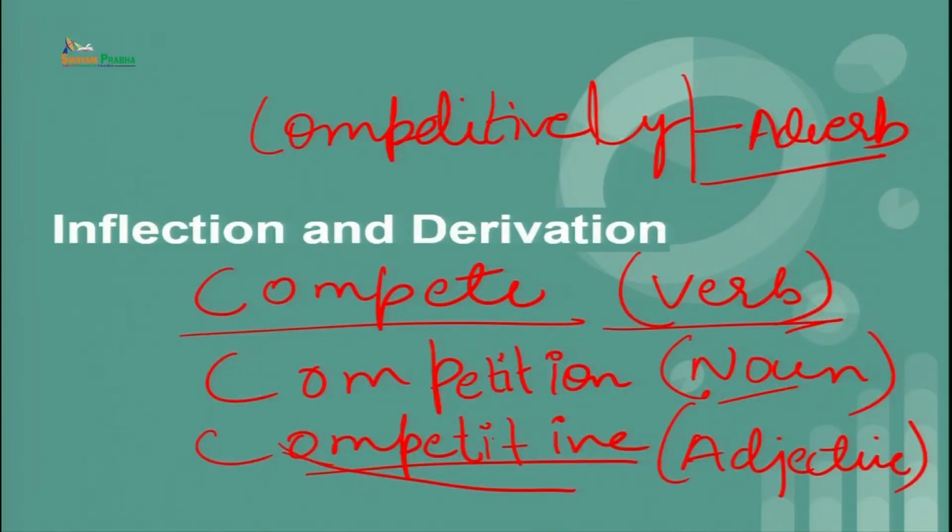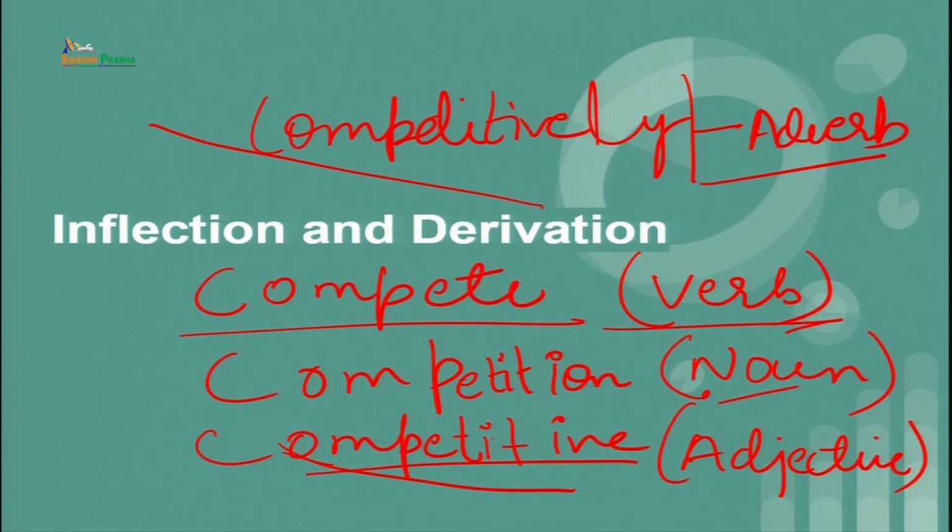So, when there is a change in the word and its form, then you realize that this is the process of derivation. This is the derivation that we have been discussing. So, one thing which is pretty clear here is that derivation refers to the change in word class. That is, noun gets changed into verb, verb into adjective and adverb and so on.